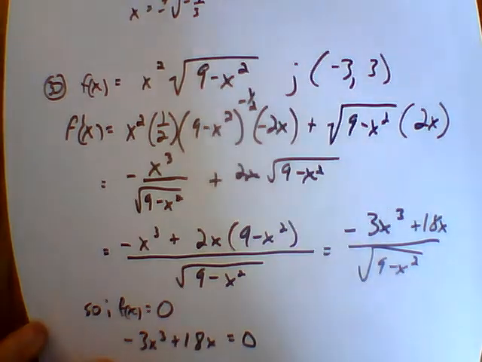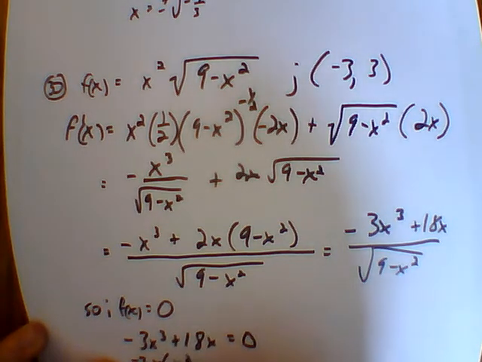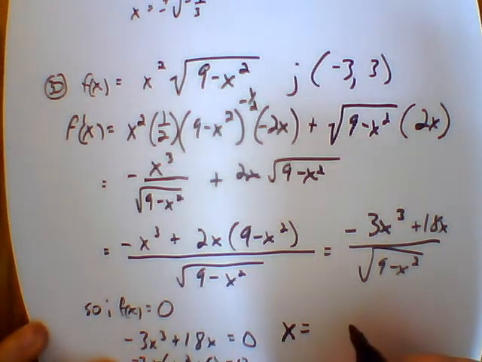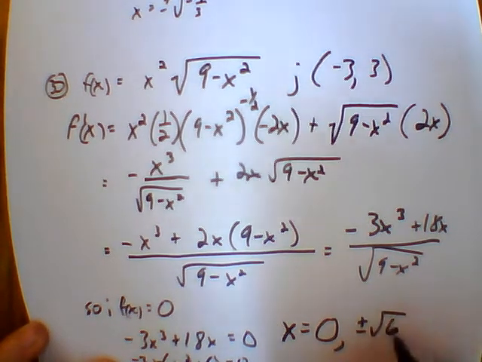We can look at some factoring properties on here. I can take out a negative 3x, which leaves me with x squared plus 6 equals 0, in which then we see that x equals 0 and then plus or minus the square root of 6.